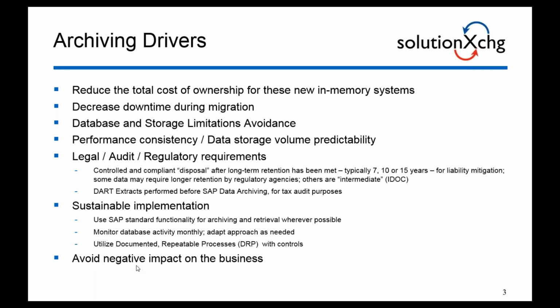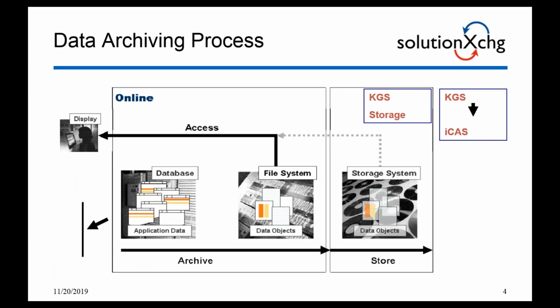So that's one of our key goals, to always avoid negative impacts on the business, and that requires a strong gap analysis process, and it involves the key business users for sure who understand the business.